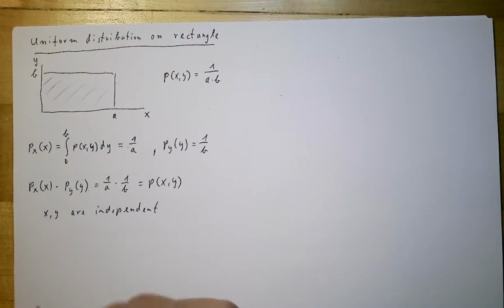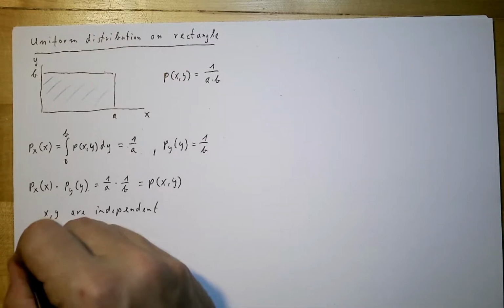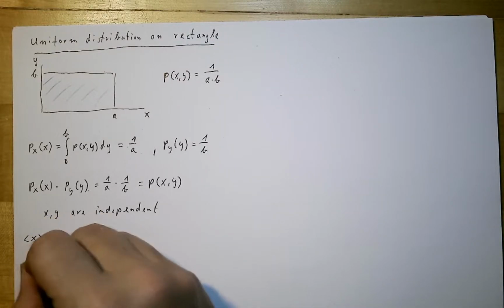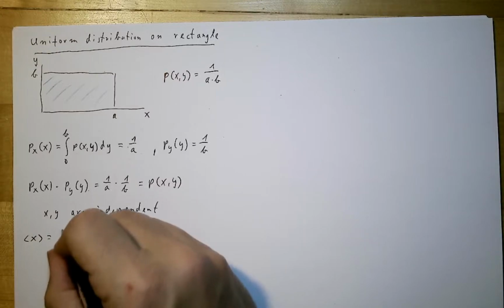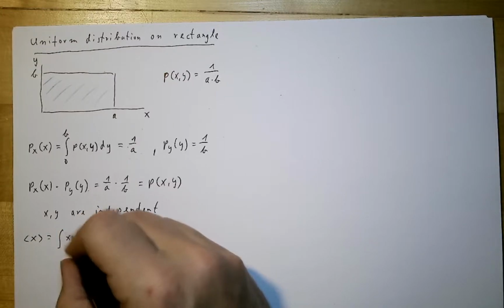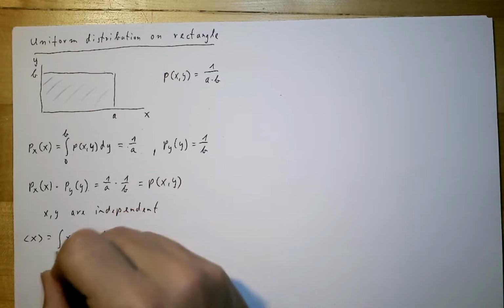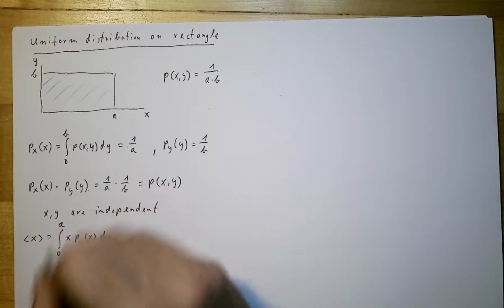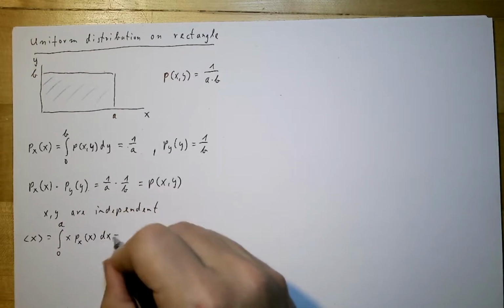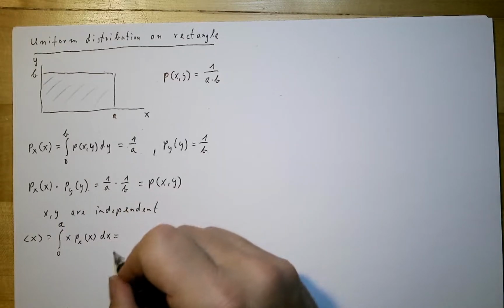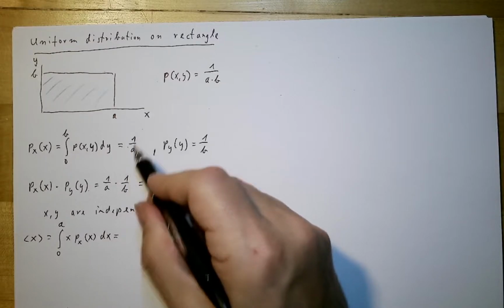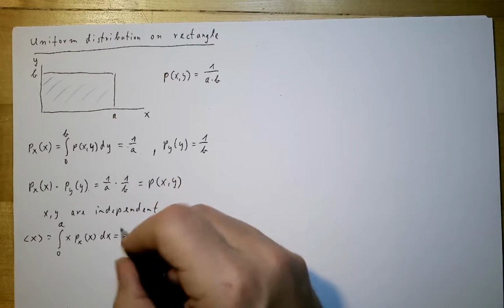Now what about the covariance? Let's calculate first the expectation of x. We know that's the expectation over the marginal distribution of x between 0 and a. The marginal distribution is 1 over a.